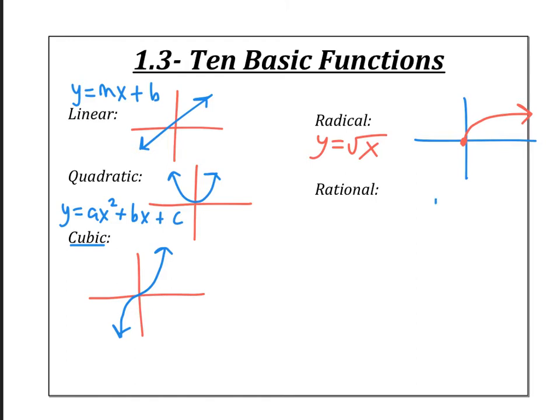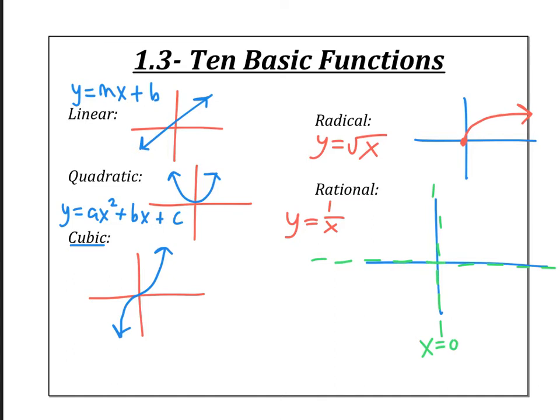But the rational functions do have asymptotes, right? So the main parent function, the simple one, looks like y equals 1 over x. That one again has some domain and range restrictions. We know x cannot be 0. You have a vertical asymptote at x equals 0 because of the denominator not being able to equal 0. And this one in particular would have a horizontal asymptote at y equals 0 because the degree of the denominator is larger than the degree of the numerator.